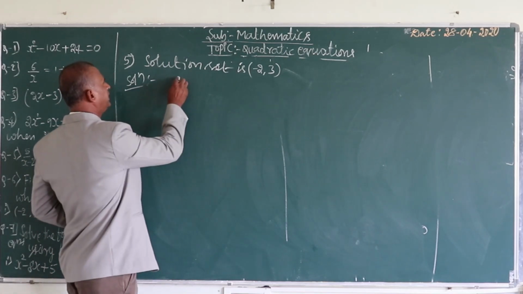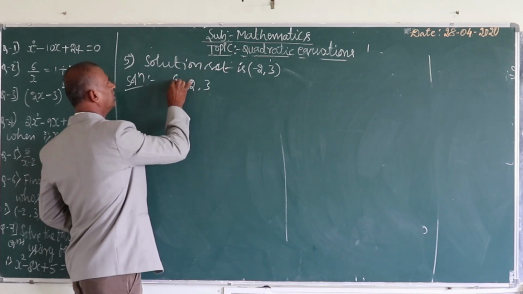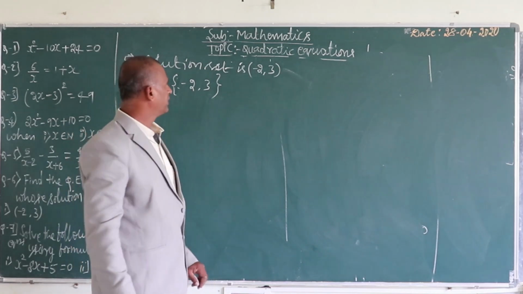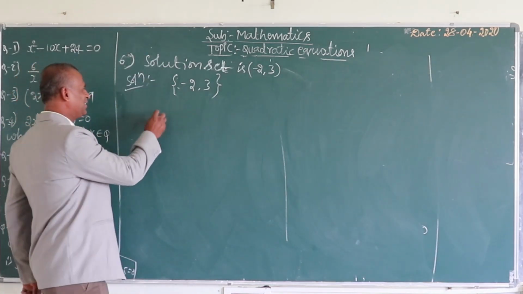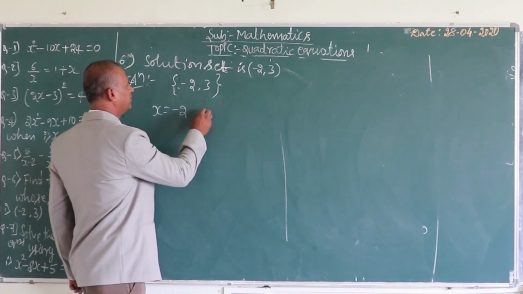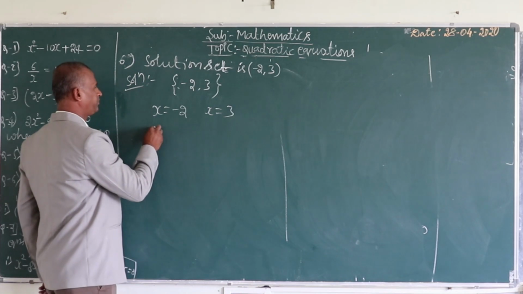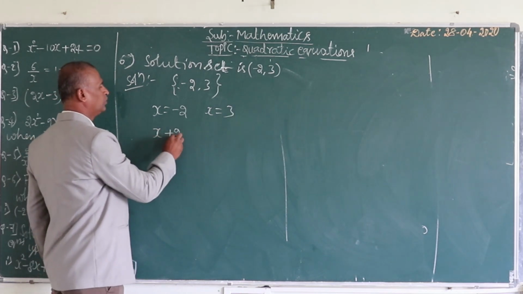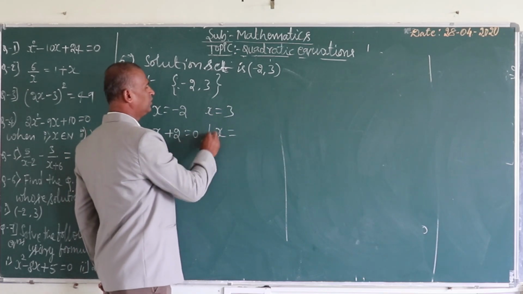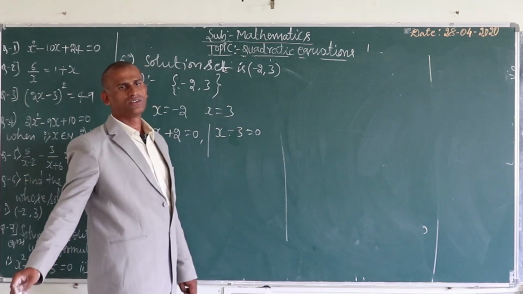Now we will write minus 2, 3, with flower brackets. Now x equals minus 2 and x equals 3. Now x plus 2 equals 0 and x minus 3 equals 0.